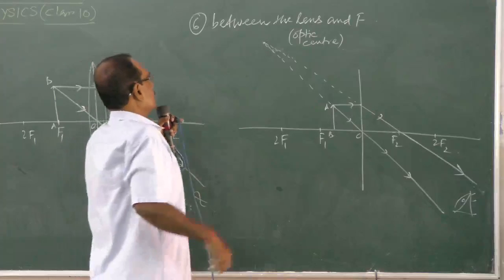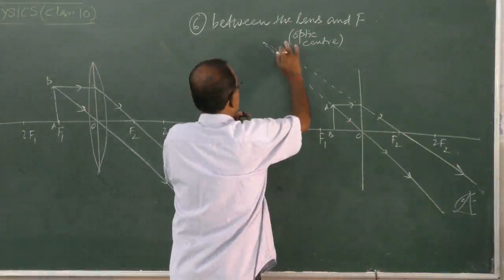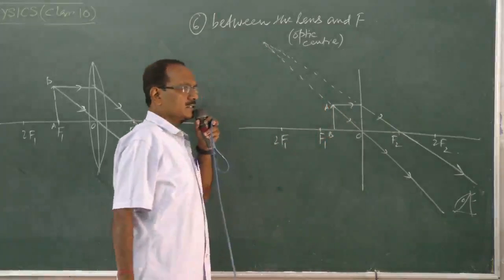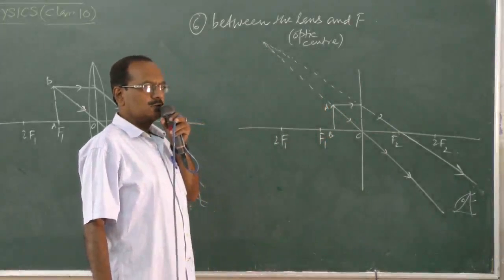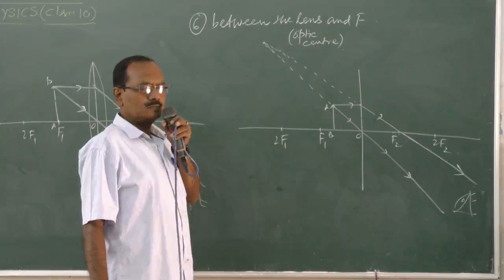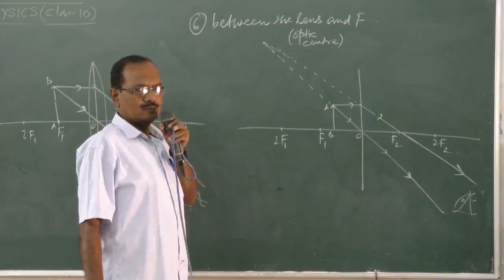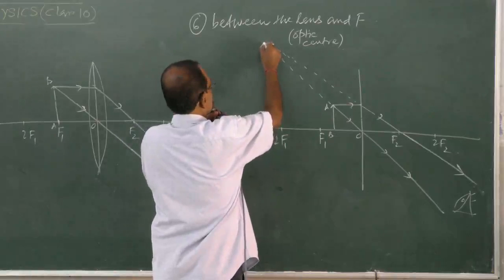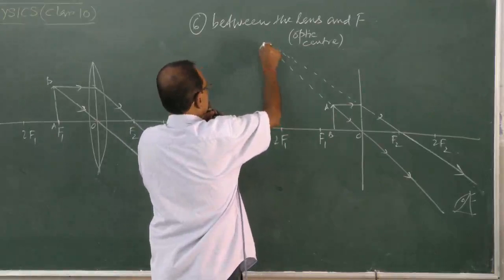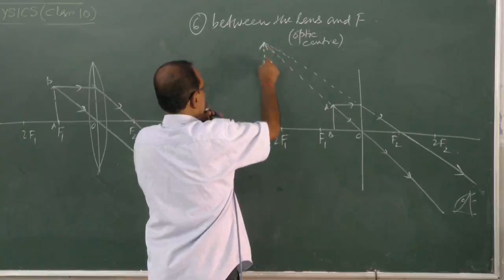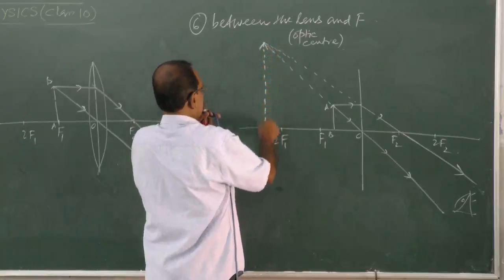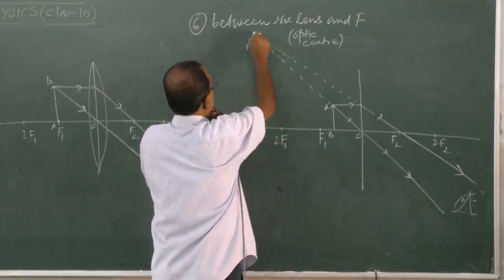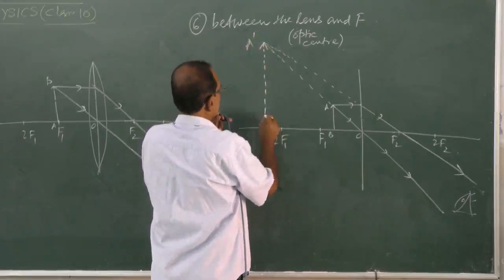Now they are appearing to meet. Here we are producing the rays in the backward direction. So here the image will form virtual. Is it? The image will form virtual. A dash, B dash.